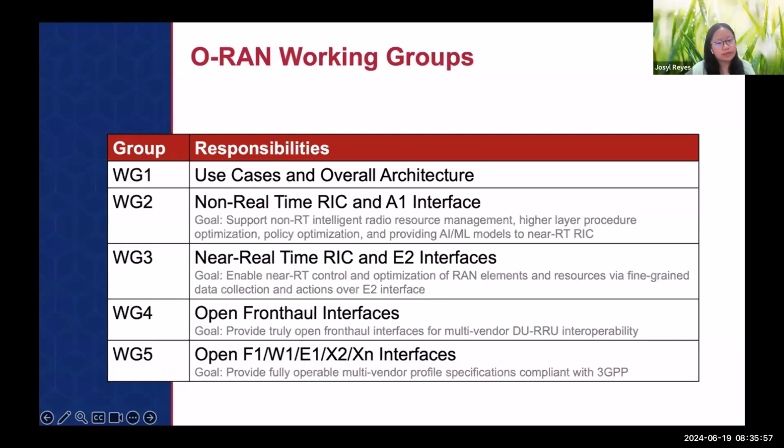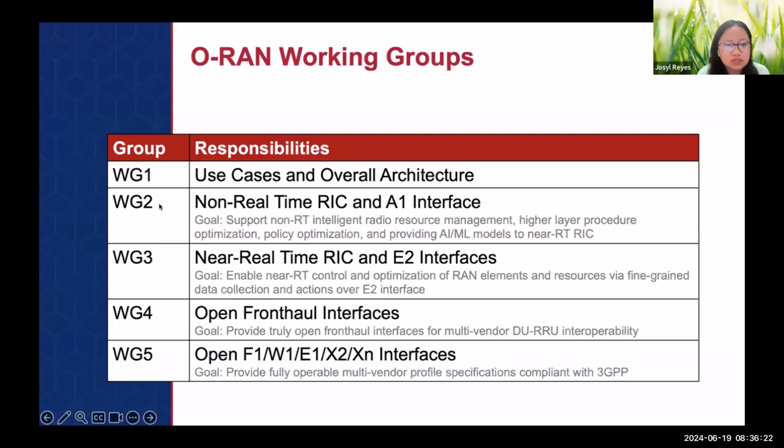Working group 1 to 11, and there are others as well, but these are the main ones. So we have working group 1 for the use cases and overall architecture. The two important ones for this lecture are working group 2 and 3, wherein it's the RIC and the A1 and E2 interfaces.